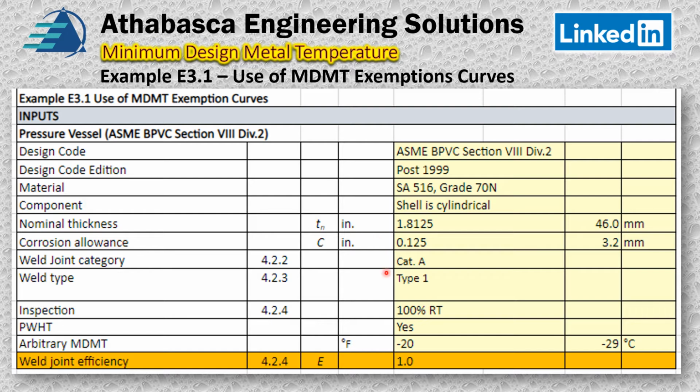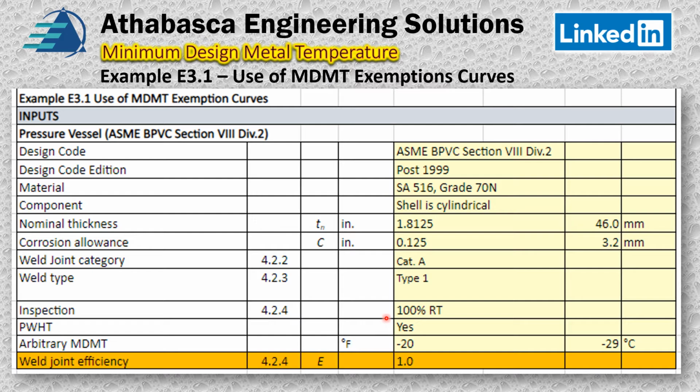It's a Category A welded Type 1, which means it's 100% RT. If you look at sections 4.2.2, 4.2.3, and 4.2.4, they walk you through the steps of how to categorize that. At the end of the day, there is post-weld heat treating, because of code, since we're over 1.5 inches.